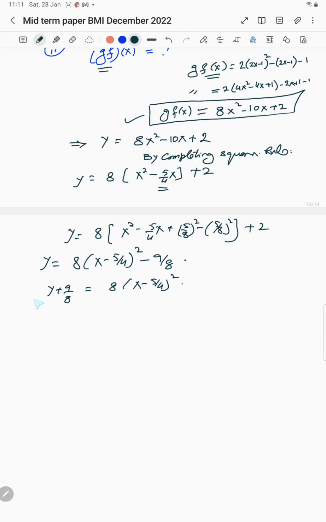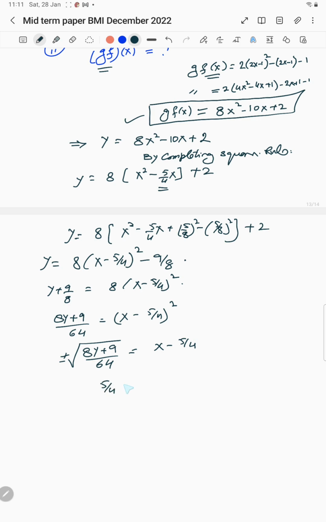So divide by 8 either side, we get (8y plus 9) by 64 is equal to (x minus 5 by 4) whole square. So taking square root on both sides, square root of (8y plus 9) by 64 equals plus minus (x minus 5 by 4). Bring it here.